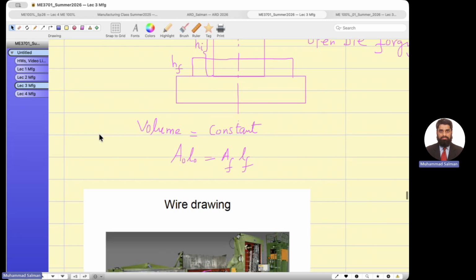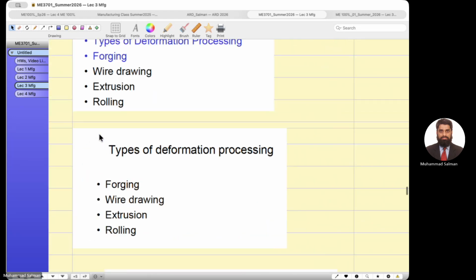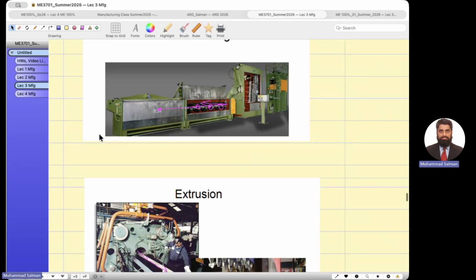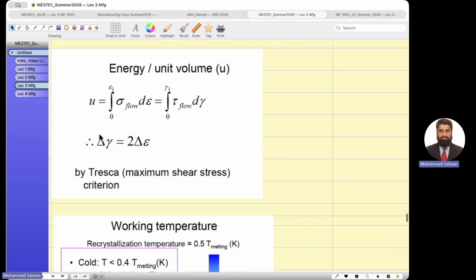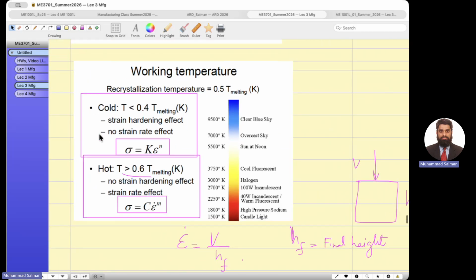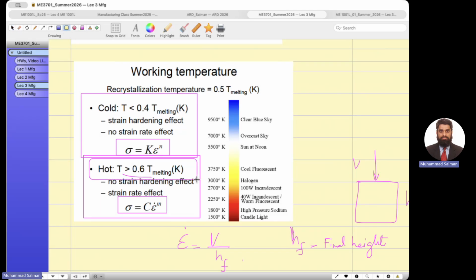Hot forging. We need to understand that high temperature helps us, when the temperature is higher than half of the melting point. Here it is saying 60% of the melting point, but you can use this formula.